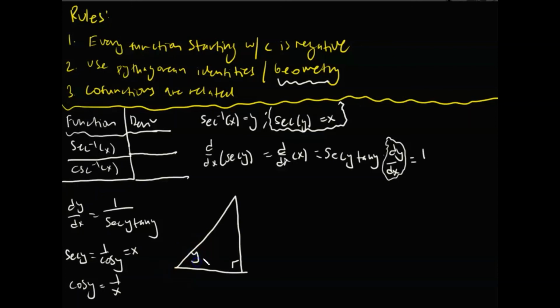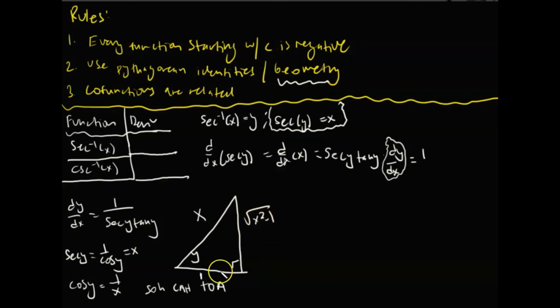And if we set this as our angle y, that's pretty easy with SOHCAHTOA. So the adjacent over hypotenuse is 1 over x. So that means this side is 1, and the hypotenuse is x. And using our Pythagorean theorem, basically another Pythagorean identity, we find that this side is the square root of x squared minus 1.